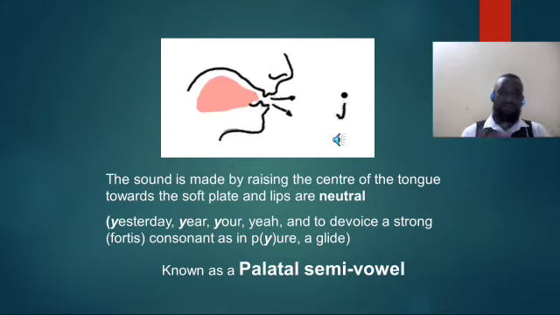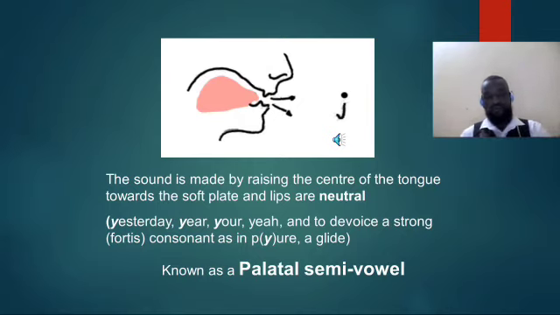So that is pure. It is a glide. The ya sound is made by raising the center of the tongue toward the soft palate, and the lips are neutral.